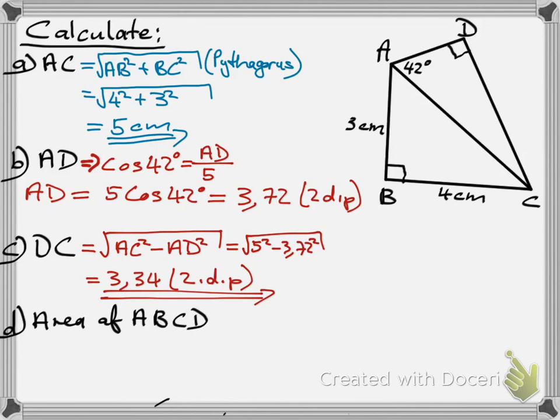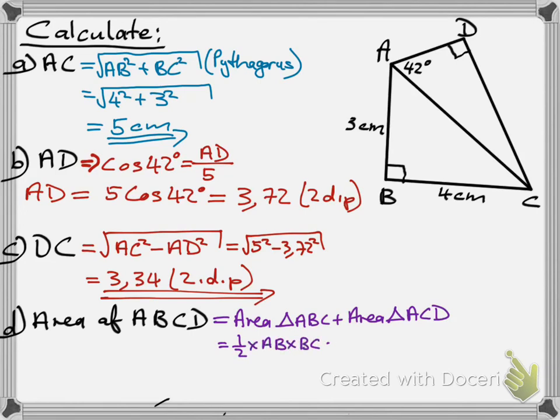After doing those calculations, now they say calculate the area of ABCD. To calculate the area of ABCD, we are going to say area of triangle ABC plus the area of triangle ACD, and we know that it's half base times height.